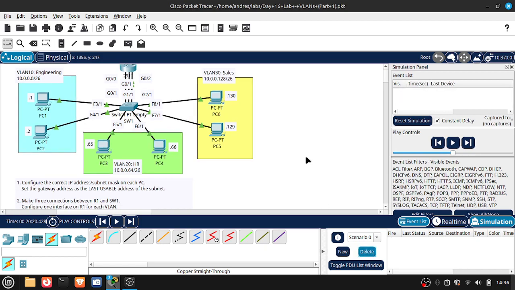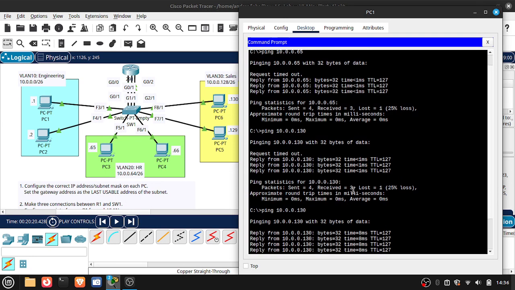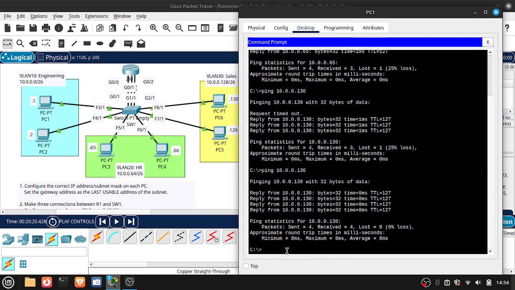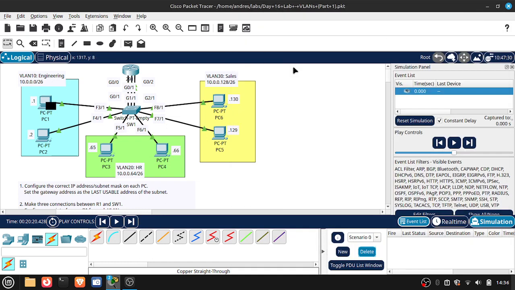Now they tell us to ping the broadcast. We are in PC1, so the broadcast of PC1 is 10.0.0.63. This is the broadcast, and it should only go to devices that are in the same VLAN, not the whole topology.